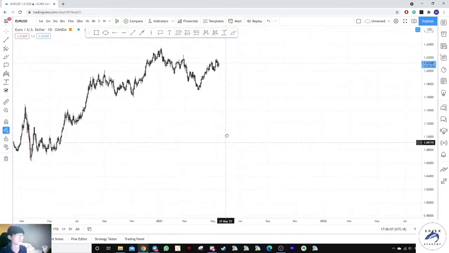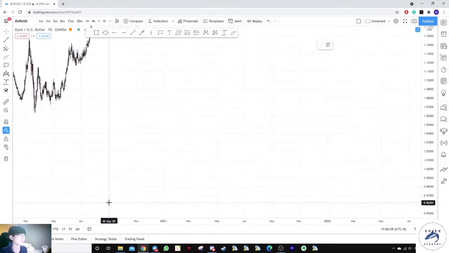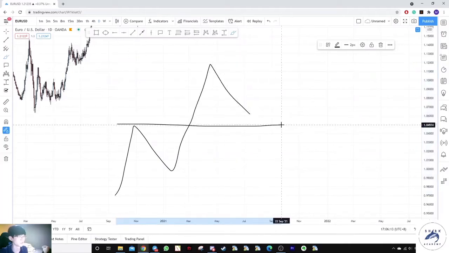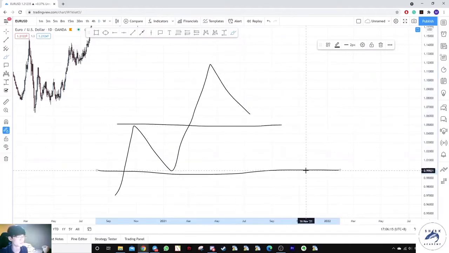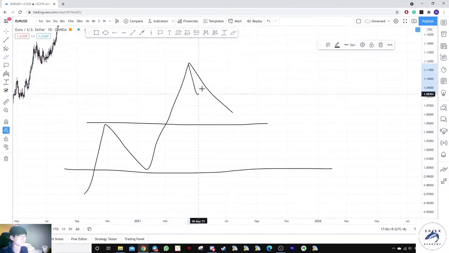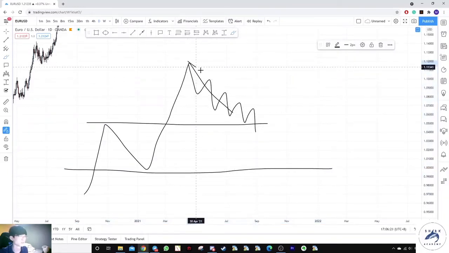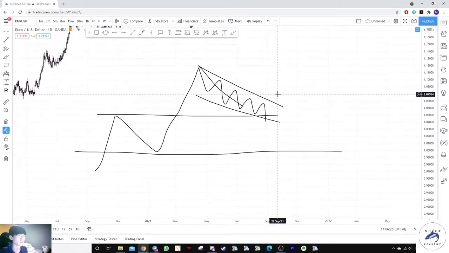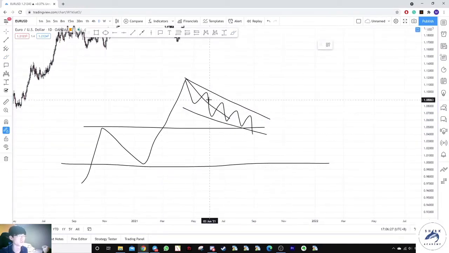The creation of liquidity comes in many ways. Can you see this is an uptrend again? And when prices come back to this level, instead of seeing this move, you want to see something like this, because this serves as a falling wedge, and a falling wedge is also the creation of liquidity.